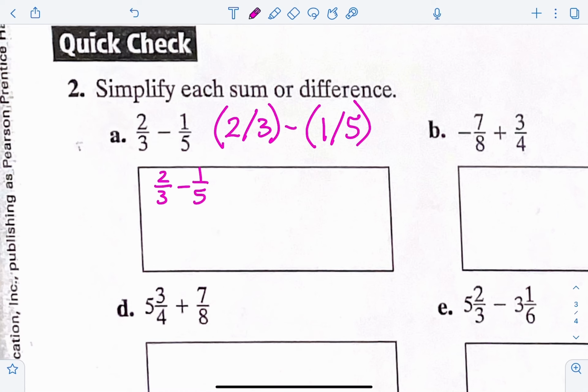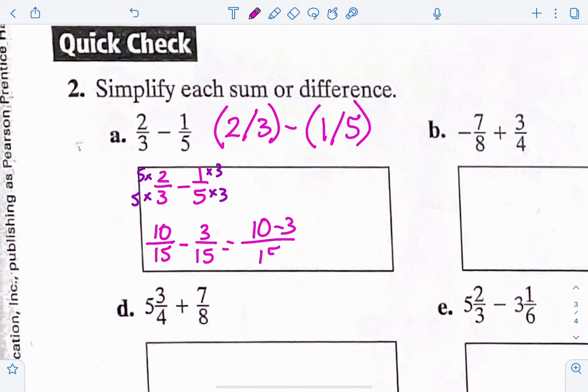Okay, now we're going to have to make them have the same thing on the bottom. So if I do times 5 times 5 times 3 times 3, I end up with 10 over 15 minus 3 over 15, just 10 minus 3 over 15, which is 7 over 15.